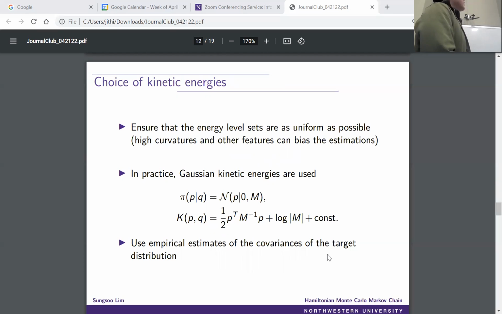In practice, people use Gaussian kinetic energies with either predefined covariance, or they first run it without any preconditioning for a few iterations, and then use the empirical estimates of the covariances of the target distribution as the M in the equation. And that has been shown to be empirically pretty efficient.